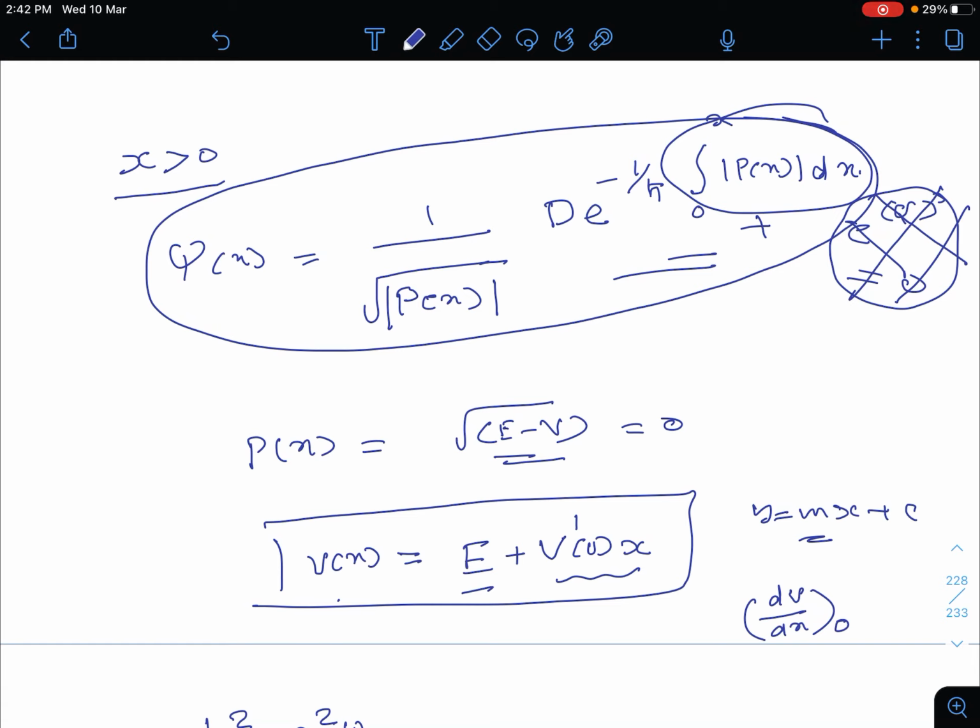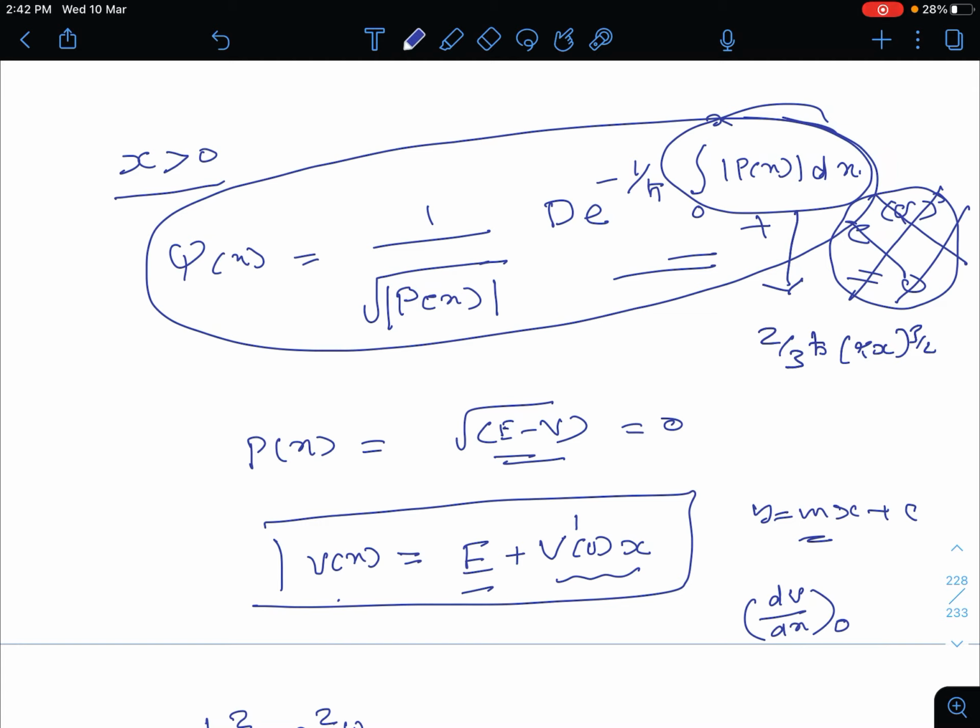Now in this wave function, instead of the integral of p of x from 0 to x, p of x dx, what do we substitute? We substitute 2 by 3 h cross, alpha x all raised to 3 by 2. Now, okay, so that is it.